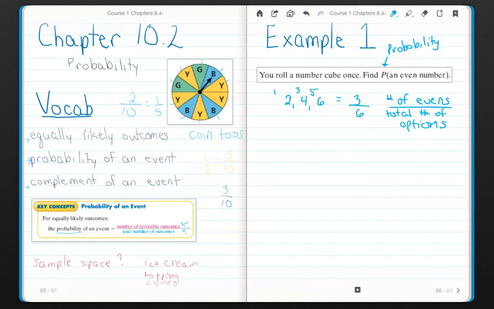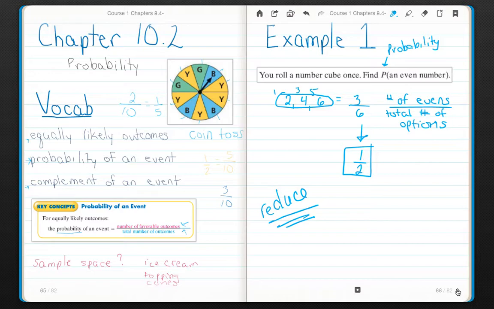There are 3 different even numbers, so any of those 3 will satisfy rolling an even number. So the probability is 3/6, which reduces to 1/2. Just like with fractions, with probability you always want to reduce. Make sure you reduce your fractions whenever possible.